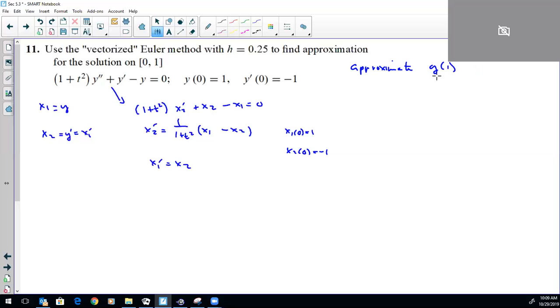This is the same thing as finding the approximate value of x1 at 1. We're going to be using Euler's method with a step size of 0.025.